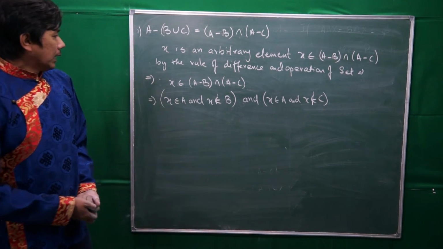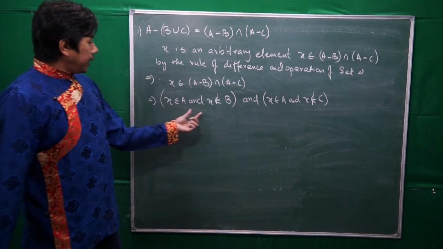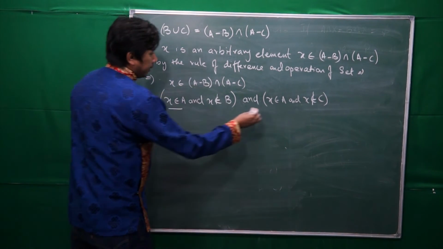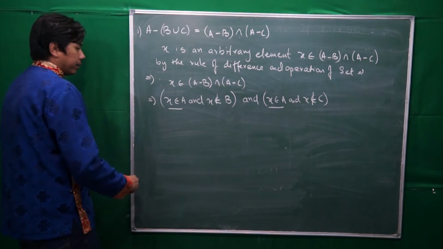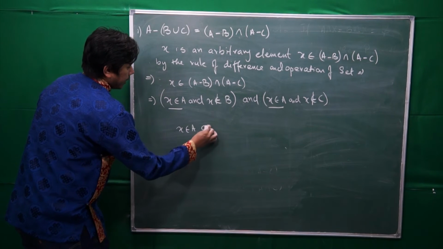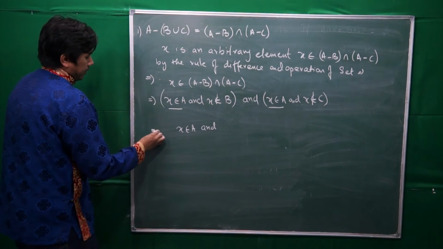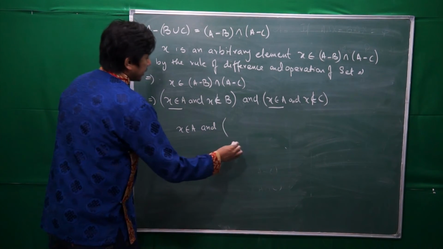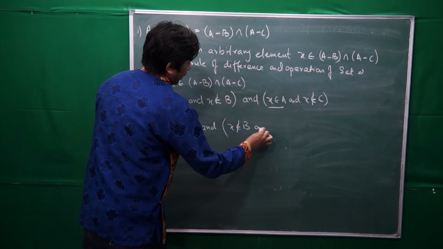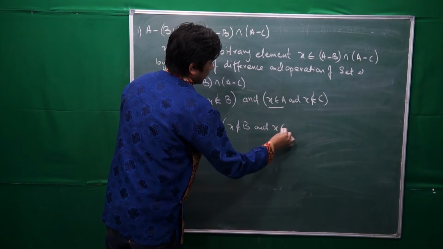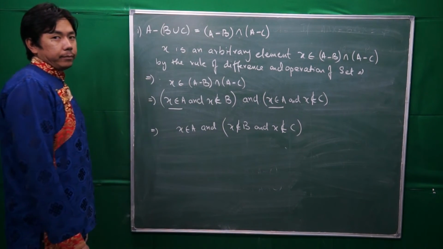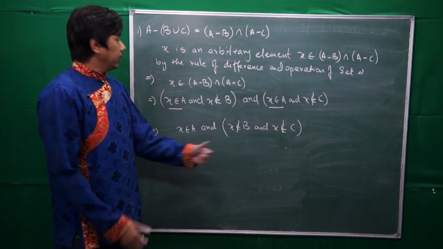Now since X belongs to A and X does not belong to B, that is clear. What we will do is take these two common. Now X belongs to A, and taking this common, what is left? X does not belong to B and X does not belong to C. Clear?